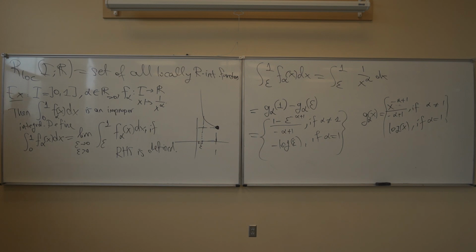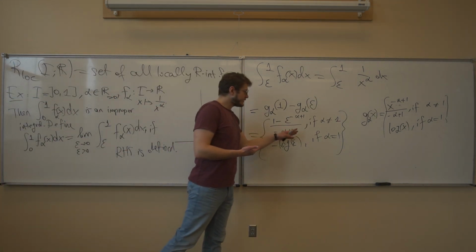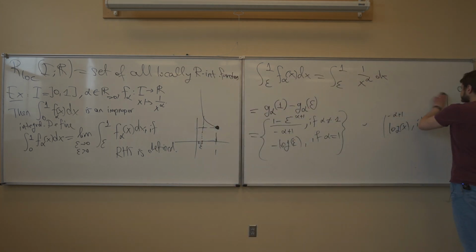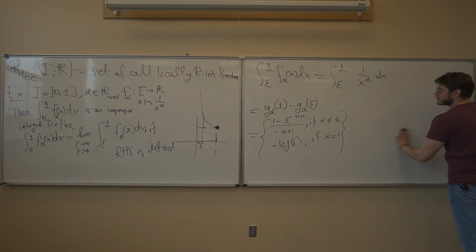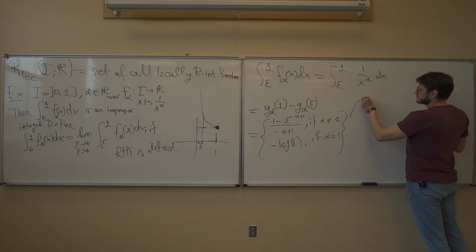Now the point is, of course, in order to make sense of the improper integral, I'm going to have to take the limit of that as epsilon goes to 0. But you see, depending on the cases, I have different outcomes.